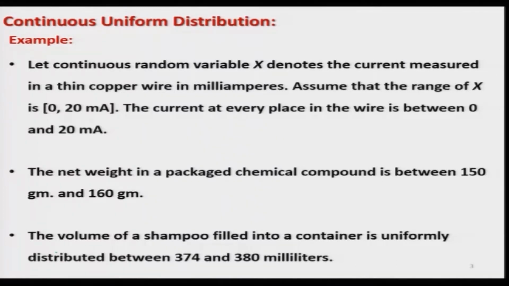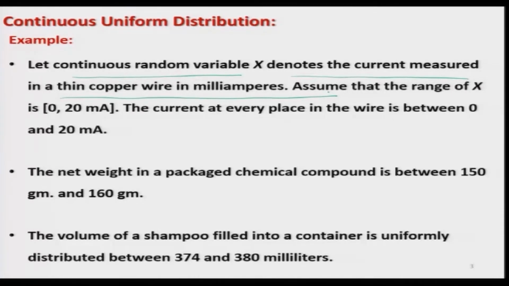Now let me take some examples of the continuous random variable. Let there be a variable capital X, which is continuous in nature, and this X indicates the current measured in a thin copper wire in milliampere. Whenever there is some current flowing in a wire, if you try to measure the value of the current at a particular point, it will be changing throughout the wire.